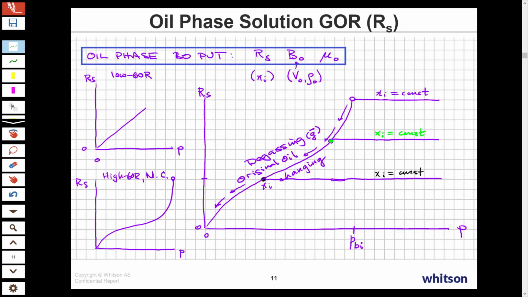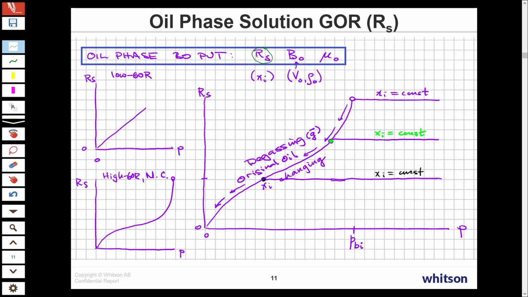So let's look first at the oil phase solution GOR, RS, here. And the pressure dependence of that will be as follows. Usually it's monotonically increasing. It doesn't have to be.